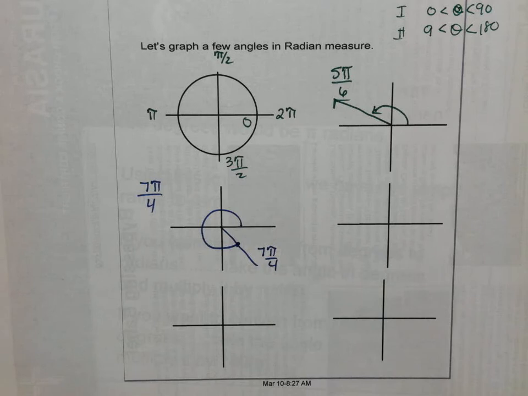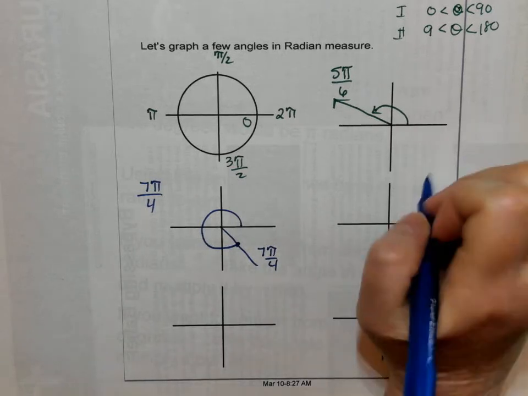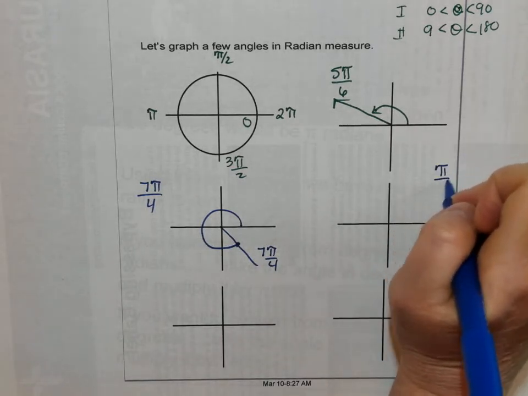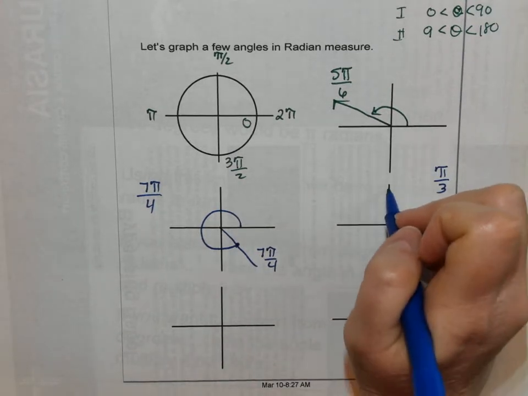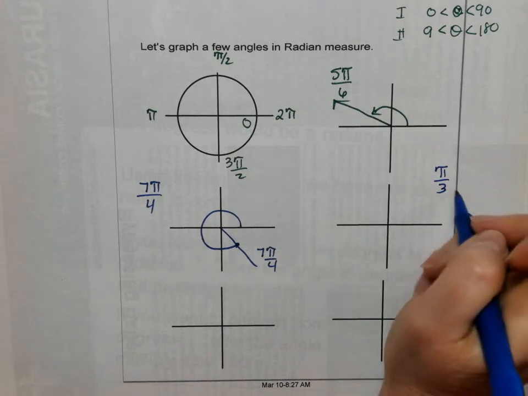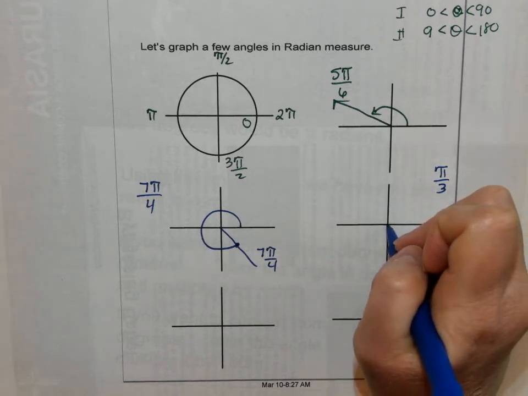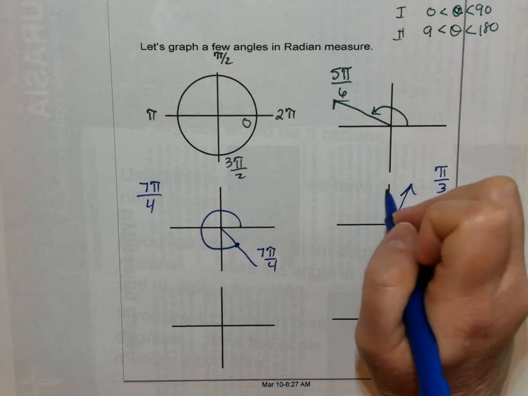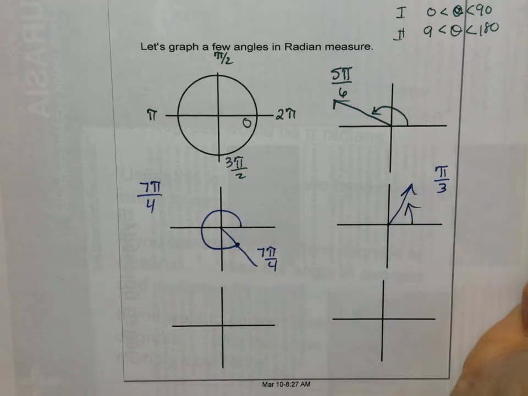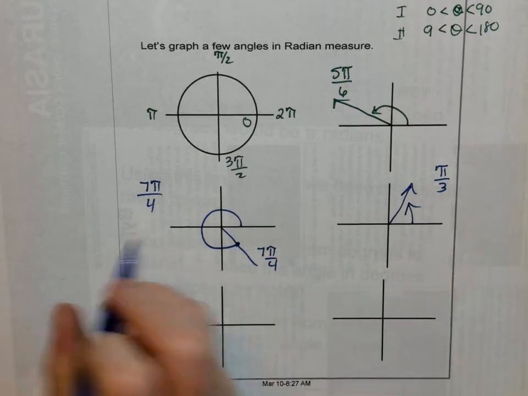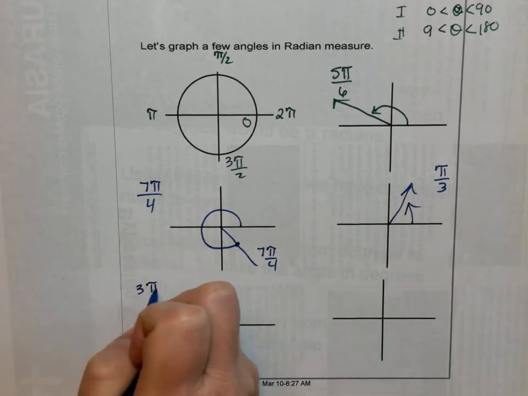Again, think fractions. What if I want to do pi over 3? Okay, stop and think about it a minute. Is it more or less than 1/2? Oh, 1/3 is smaller than 1/2. So I'm over here somewhere, so I'm going to go about right there. If that's 1/2, then 1/3 is a little bit less. So here's pi over 3. Okay, what if I wanted to do 3 pi over 4?